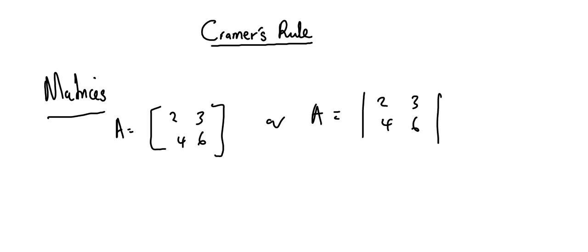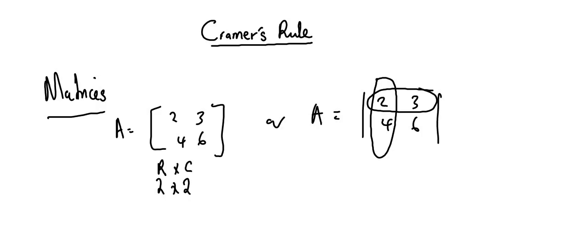It's also a matrix. So this is a row, this is a row, and this is a column. Depending on the number of columns and rows, we use those to name the matrix. For example, this is a 2 by 2 matrix: the number of rows is 2 and the number of columns is 2.